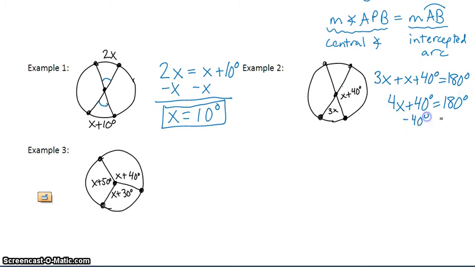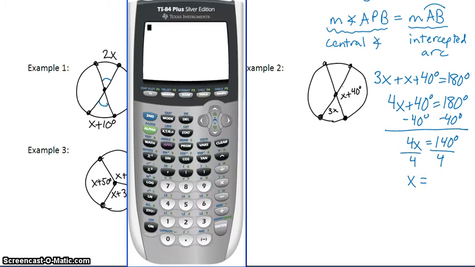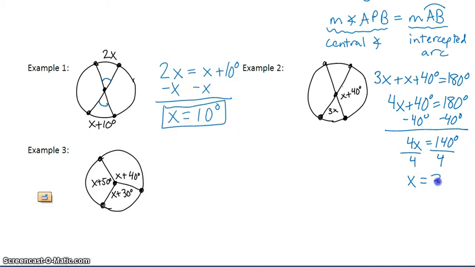Undo what's happening to x. 140 divided by 4 equals 35 degrees.